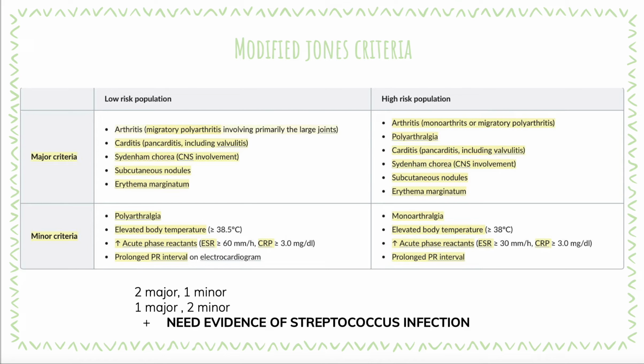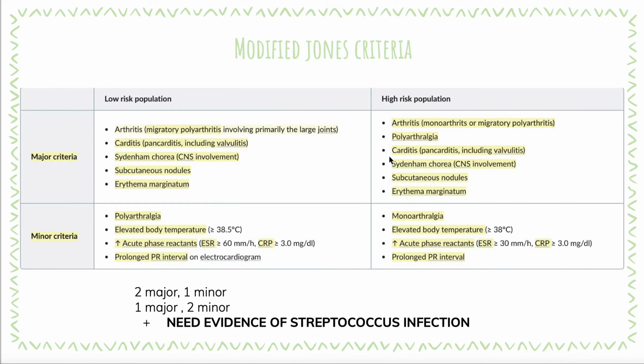As for rheumatic fever, we have something called the modified Jones criteria, which can be divided into major and minor criteria. I think most of you already know about Jones criteria, but just a quick recap: we divide the patients into low risk and high risk populations. In the low risk, you have arthritis, carditis, Sydenham chorea, subcutaneous nodules, and erythema marginatum.